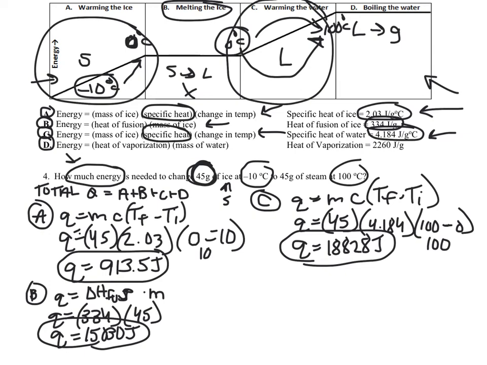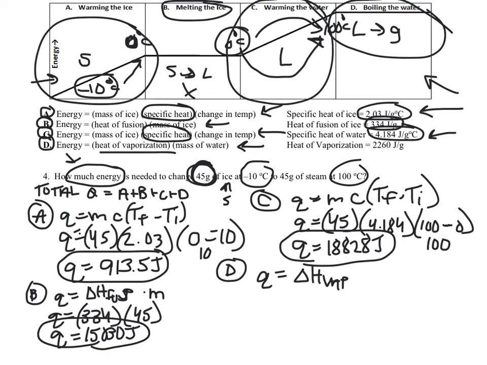So that means I had to put in about 18,000 joules to heat that water up from 0 to 100 degrees Celsius. And now that I'm at 100 degrees Celsius, I'm in my boiling water phase, which we know is all about the heat of vaporization. So to find the last amount of energy, I need to use the heat of vaporization for water, that's the energy it takes to boil, times the mass. And I know the heat of vaporization, it's given right here.